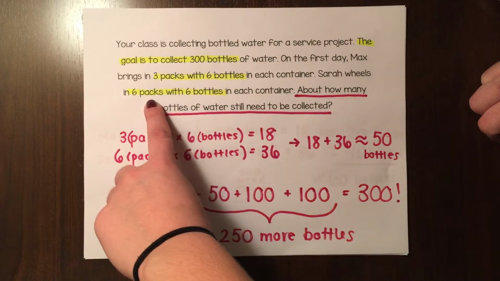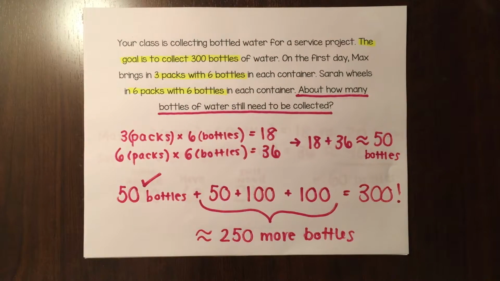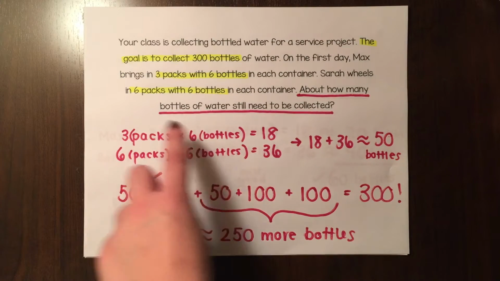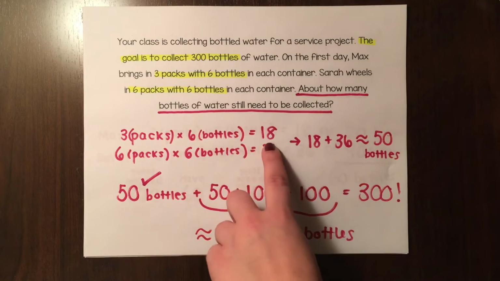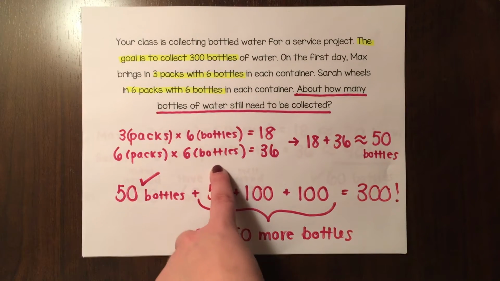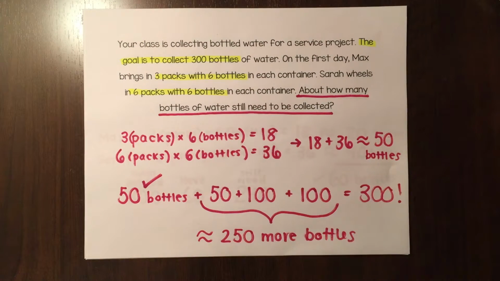Sarah brought in 6 packs with 6 bottles in each container. Using our order of operations, we know we're going to do the multiplication step of this problem first. Therefore, what Max brought in, 3 packs with 6 bottles in each container, multiplies to make 18, whilst what Sarah brought in, 6 packs with 6 bottles in each container, multiplies to get 36.